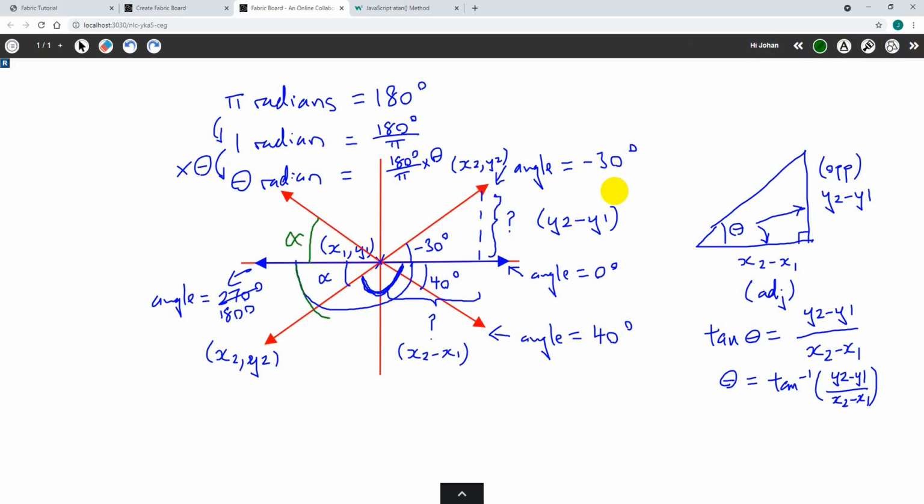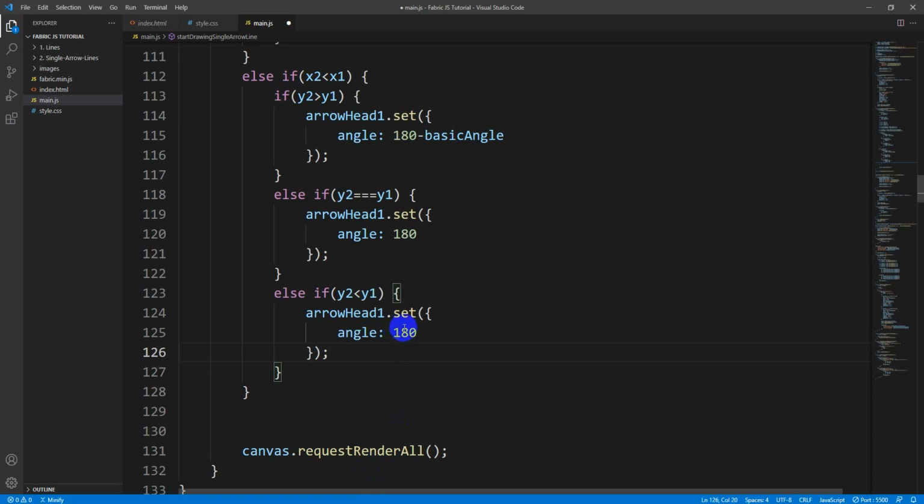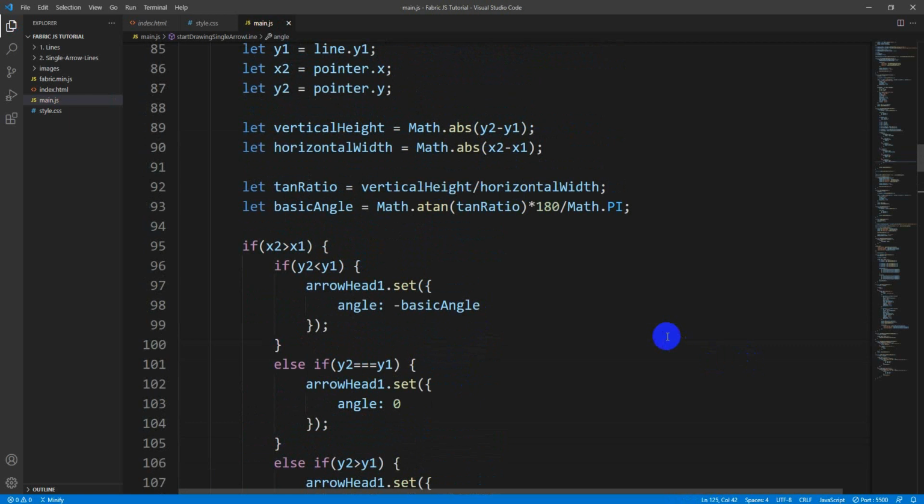So it is 180 degrees plus the basic angle. Then we can have our arrow pointing in the correct orientation. So 180 degrees plus this basic angle. So we have all of this over here.